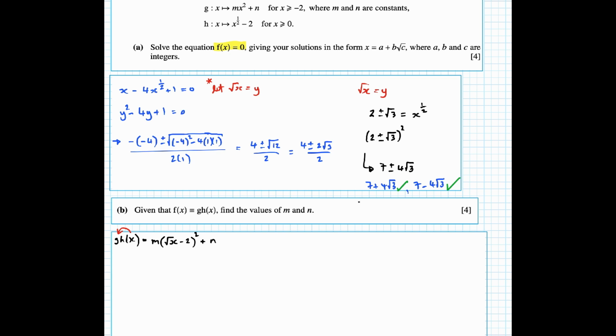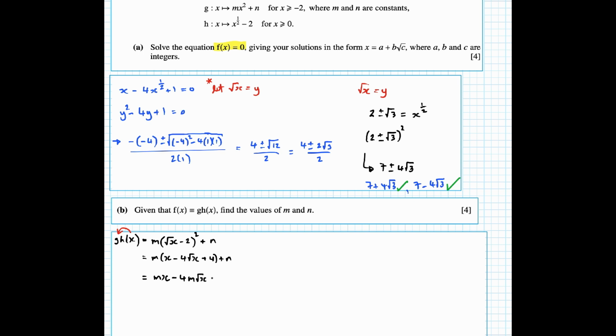So we're going to multiply that out. So g of h of x is equal to m, leave it in brackets, x minus 4 root x plus 4, close bracket, plus n. You can multiply it out if you want.